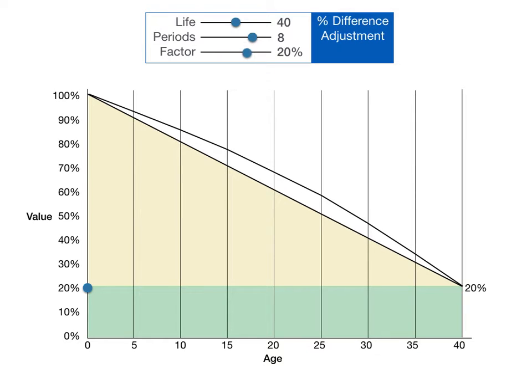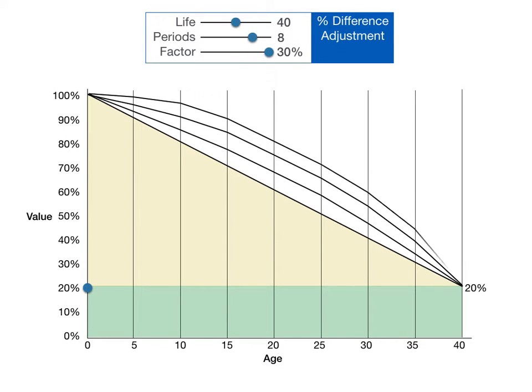As we increase that, we notice that the curve starts bowing outwards to reflect a more realistic depreciation schedule. It also displays that depreciation rate over the life of the improvements. The average is minus 2%, but you note that at the beginning it's less, and then later it becomes more, and that's based on the factor adjustment.